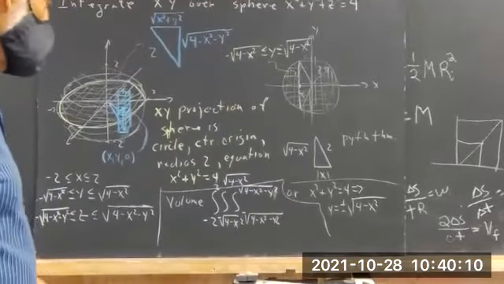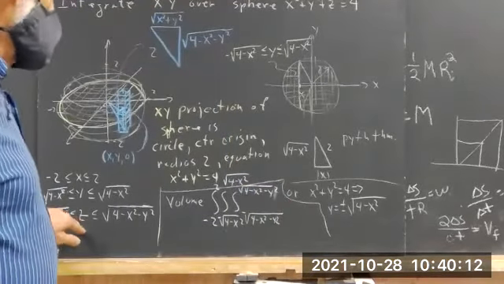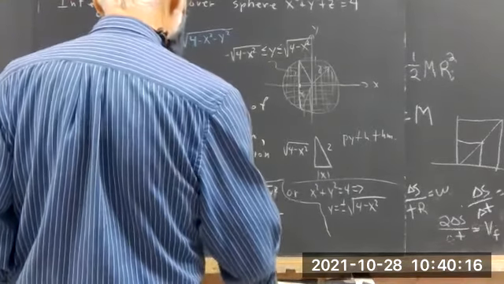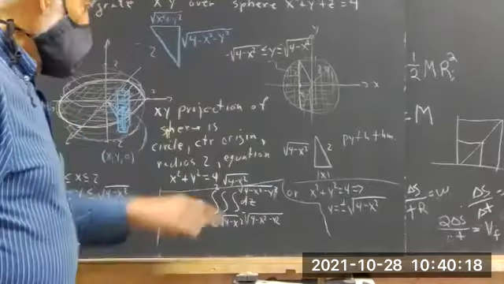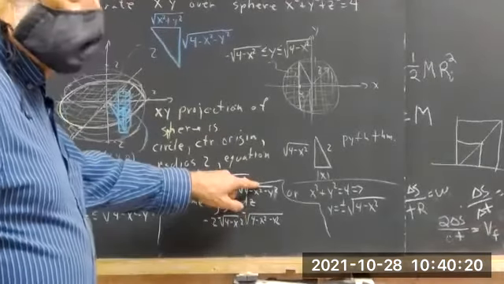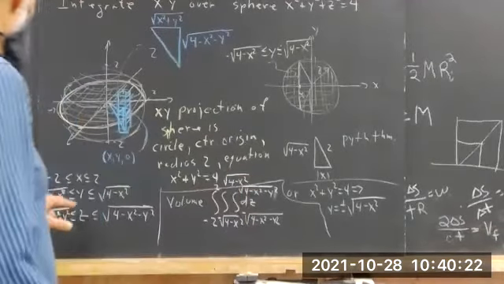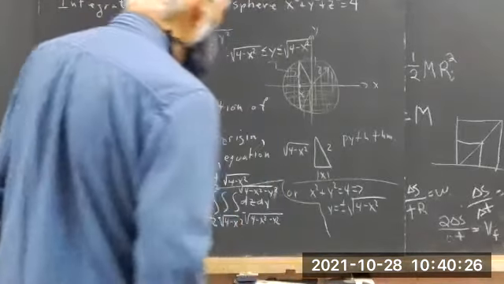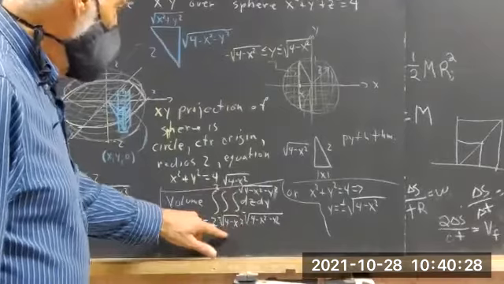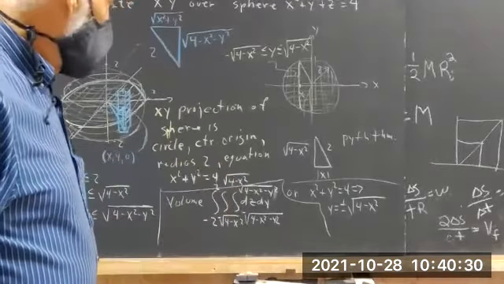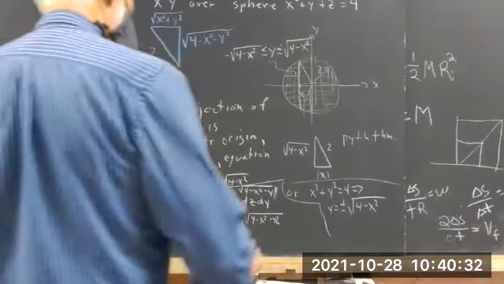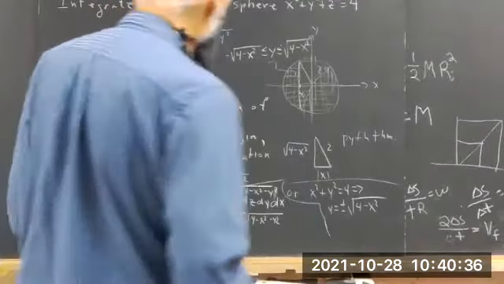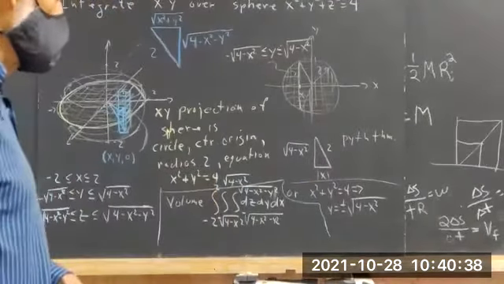And this first integral will be with respect to z, because z goes from this to this. And then with respect to y, because for given x, y goes from here to here, okay? And then with respect to x, because x goes from -2 to 2.